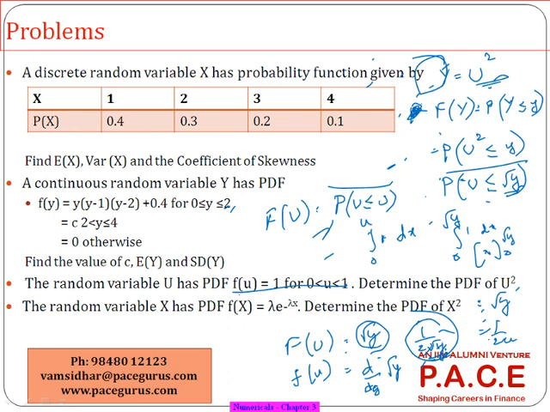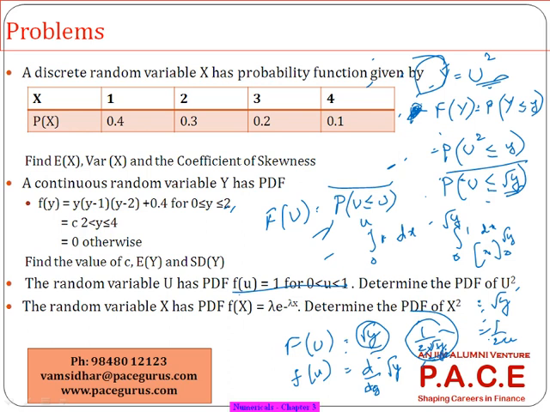Cumulative function is nothing but that value and below, so I am doing 0 to that value u, the integral of 1. That is my cumulative distribution function. Whereas for u squared, I am trying to write it in the form of u, so it is as good as saying probability of u less than or equal to square root of y.